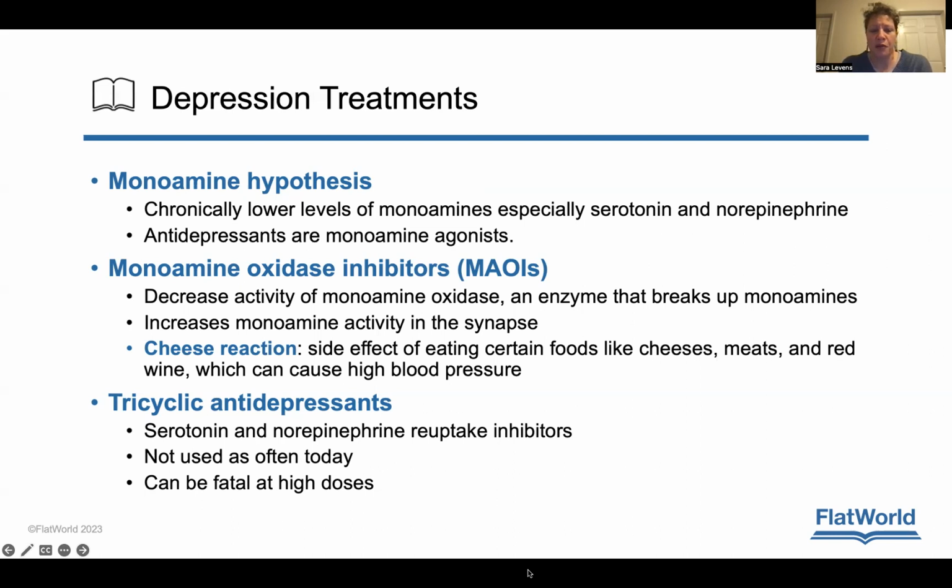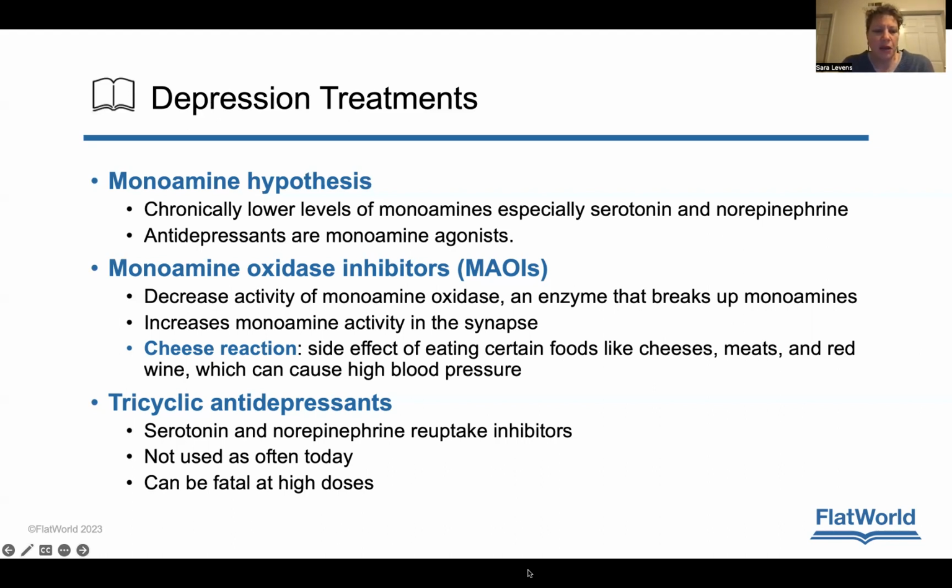And so antidepressants are monoamine agonists, which means they'll try to increase the power of these monoamines. If the monoamines that a person has in terms of their serotonin and norepinephrine are low, then medication is going to try to make those work more by helping those areas activate.